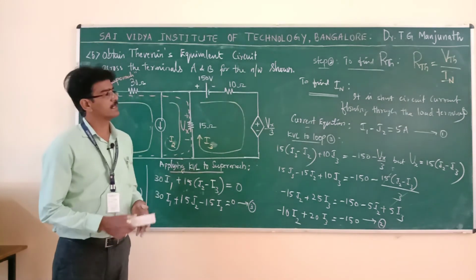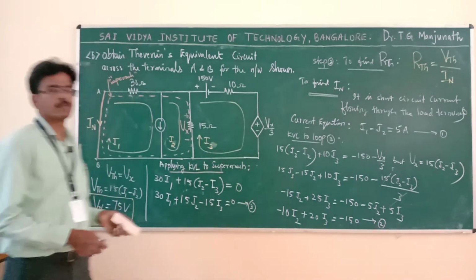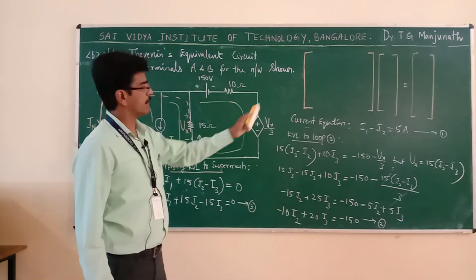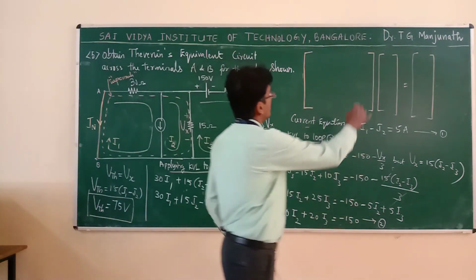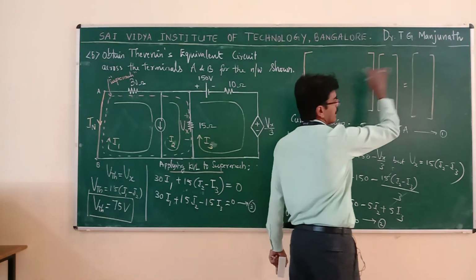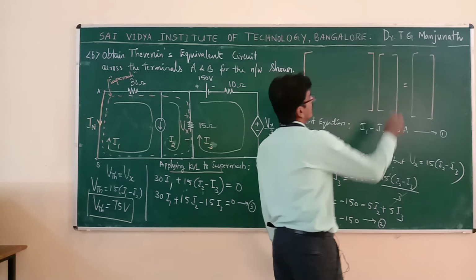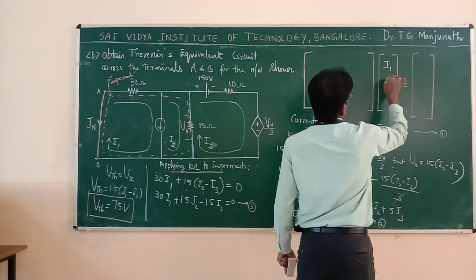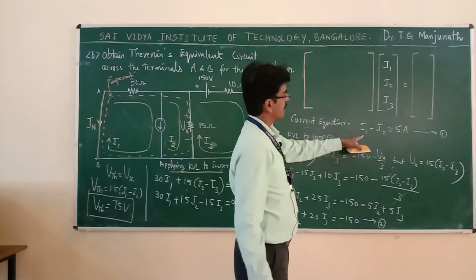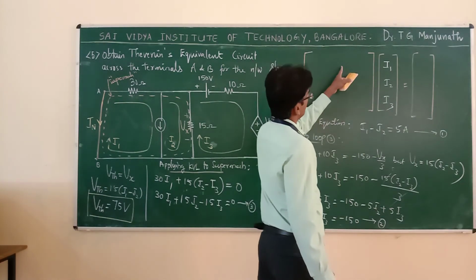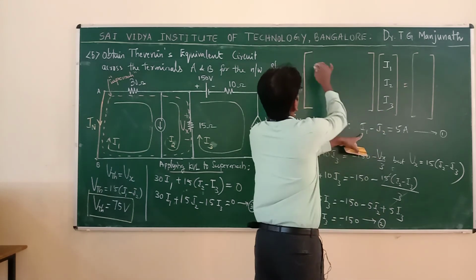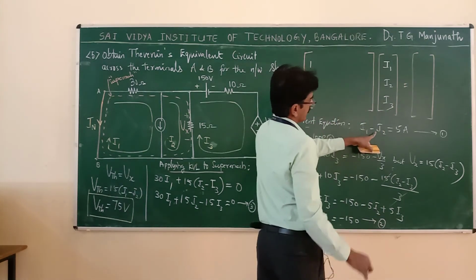Now, let us express these 3 equations in matrix form. So, what are the unknowns? This is the current matrix, this is the resistance or impedance matrix, this is the voltage source matrix. You have 3 unknowns I1, I2, I3. First equation: coefficient of I1, coefficient of I2, coefficient of I3, right hand side. What is the coefficient of I1 here? 1. What is the coefficient of I2?